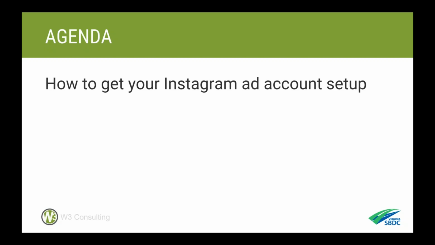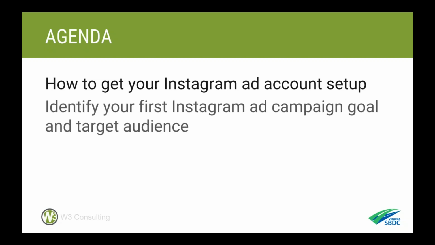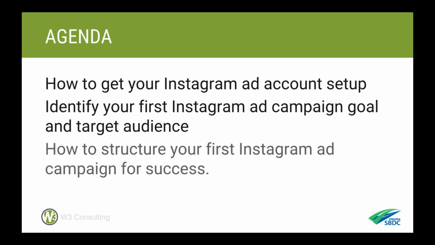We're going to talk about how to set up an Instagram ad account. I'll go through the basics of what is necessary in order for you to have an Instagram advertising campaign. We're then going to identify your first Instagram ad campaign goal and target audience so that you can ideate what you want to do and why you would want to advertise on Instagram in the first place.